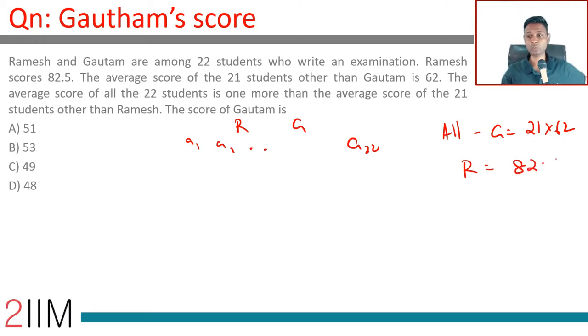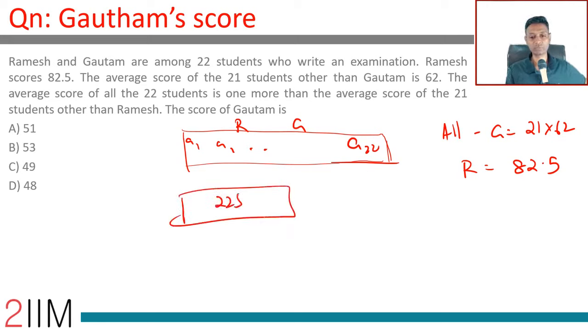Ramesh scored 82.5. The average score of all the 22 students is one more than the average score of the 21 students other than Ramesh.